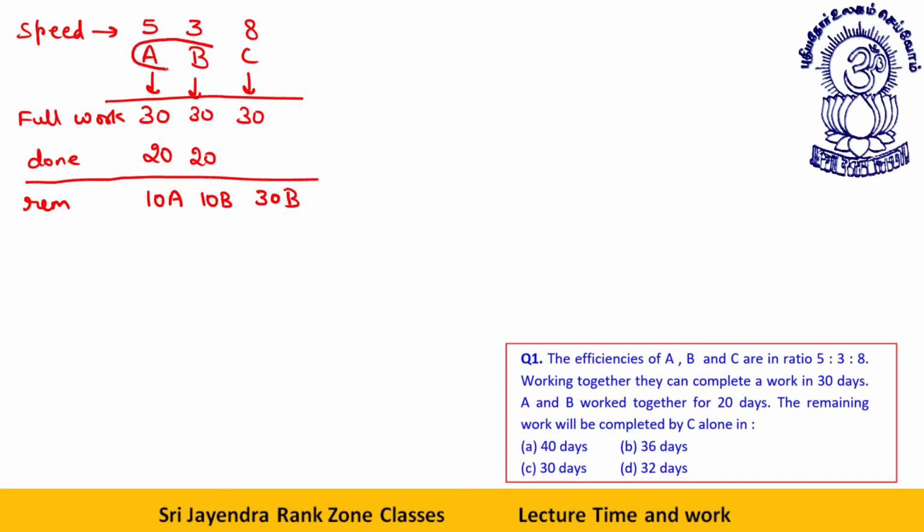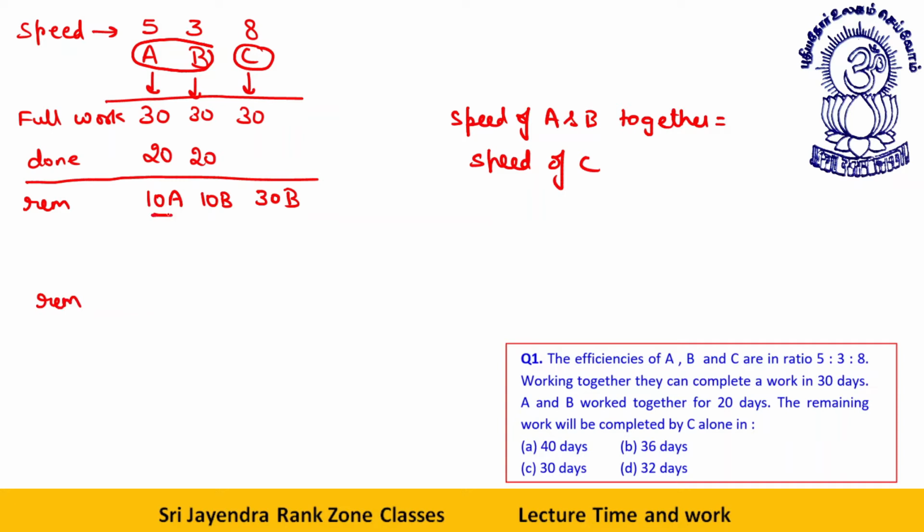A plus B is equal to C. Speed of A and B together is equal to the speed of C. So I can say this remaining work, 10A and 10B, is actually equal to 10C, because A plus B, 5 plus 3, is equal to 8.